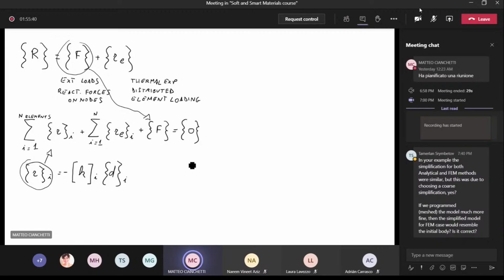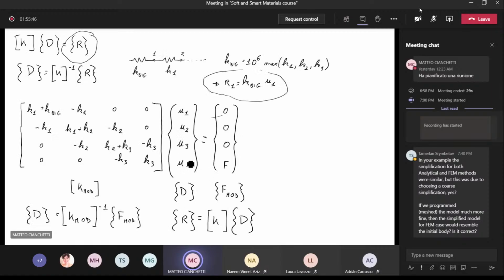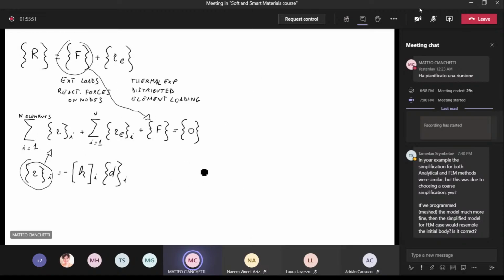That is actually the equation that we saw before, actually this one. And let me write it here. Okay, for each element.